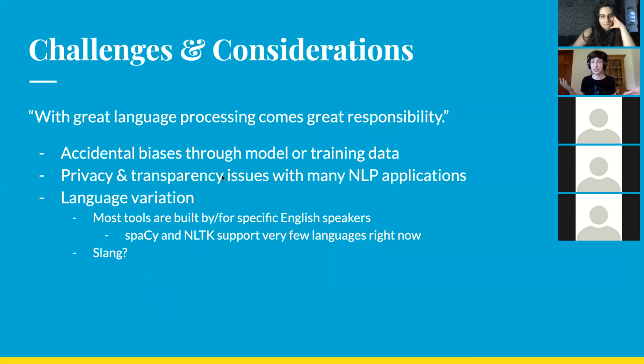So, some challenges and considerations, which I mentioned earlier. I like to say with great language processing comes great responsibility. We all have accidental biases, these exist. As much as technology might be neutral, the data that we use to train our models is not going to be neutral.